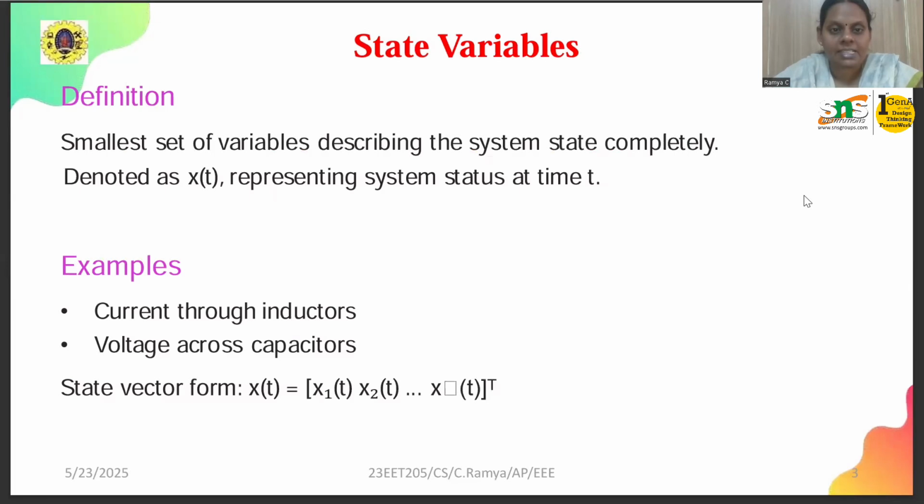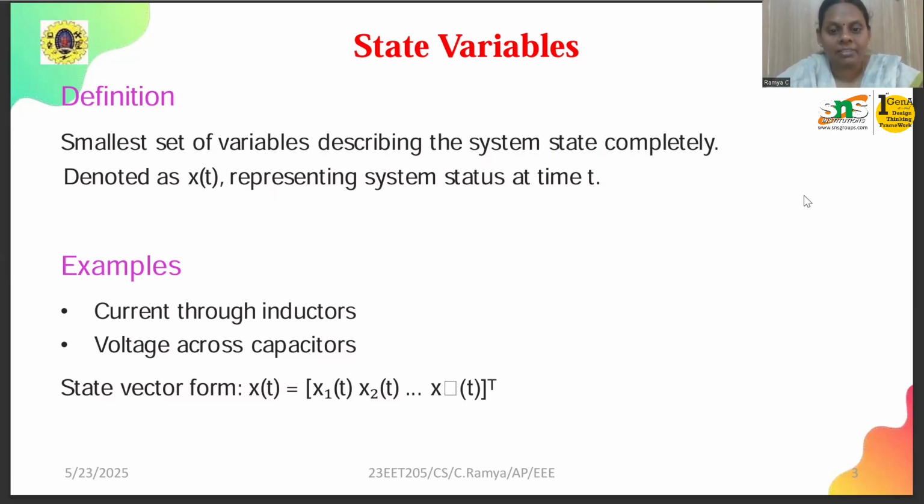In the next slide, we are going to discuss the state variables. So what are the state variables? They are a small set of variables that describe the complete internal state of a system at any time t. We denote them as x of t. For example, the current through the inductor or the voltage across the capacitor can be considered as state variables.